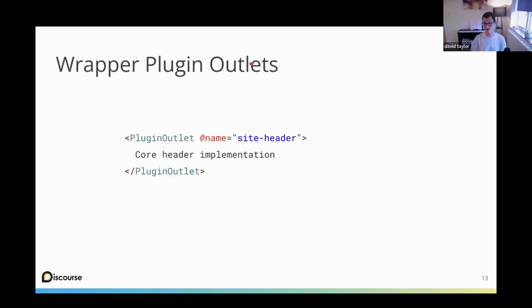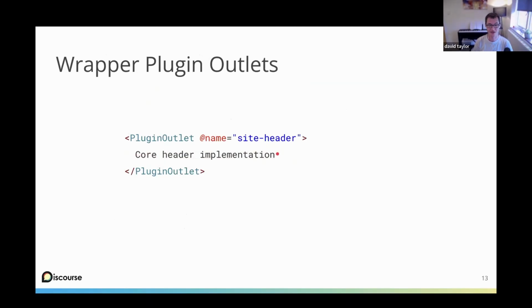The other thing, how we've developed these recently, is to add the ability for wrapper plugin outlets. So it works like before. This is a spot where someone can render something into, but the difference is it wraps some default implementation. So this would be where our core implementation of the header goes.